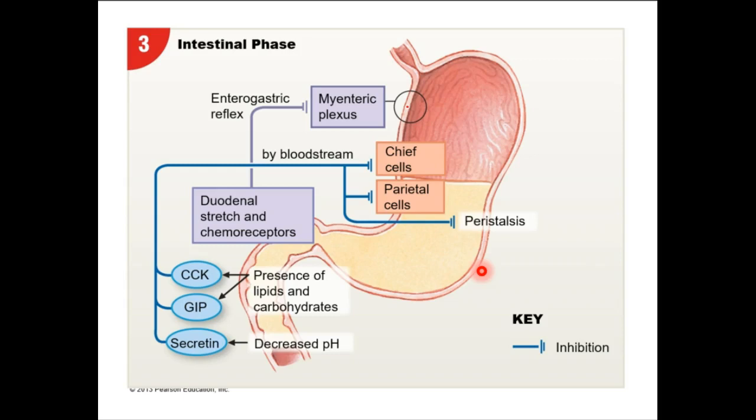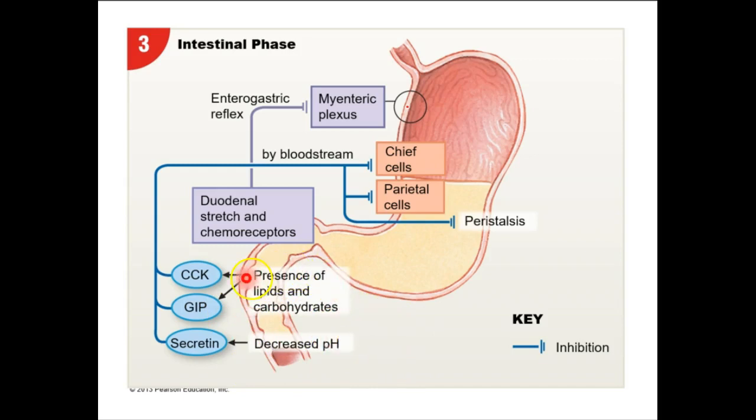In stage 3, we're saying that food is exiting the stomach into the duodenum. The duodenum is the first part of the small intestine. So the duodenum detects the presence of nutrients, lipids, and carbohydrates, and a change to pH.